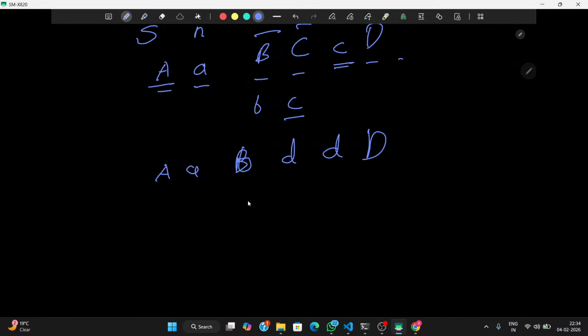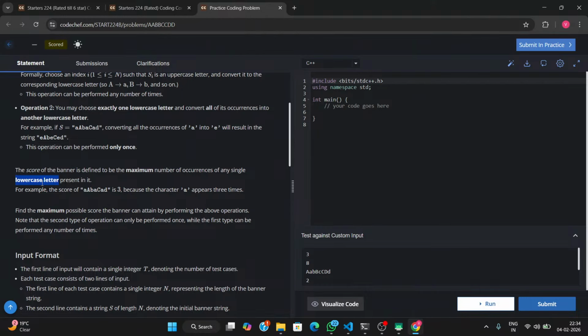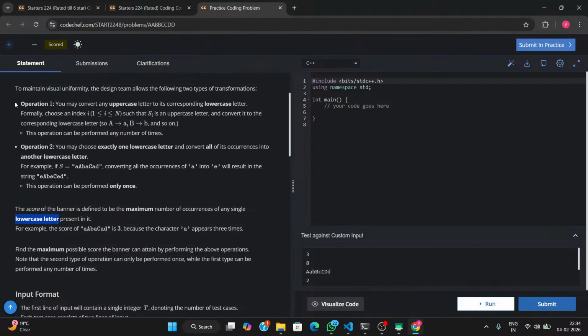And operation one we can perform any number of times, so that's not an issue.